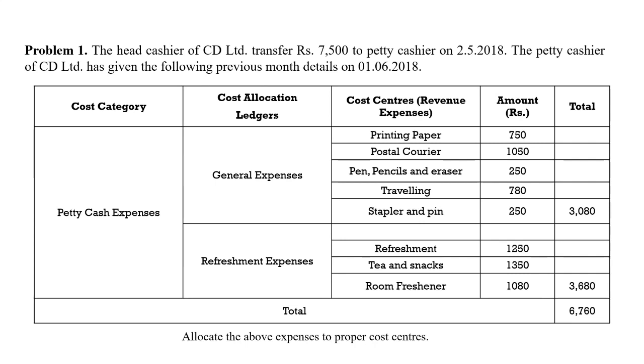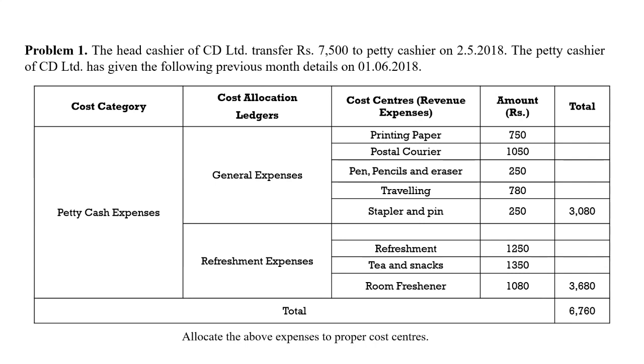The expenditure of these cost centers passes through the refreshment expenses ledger. So now at the bottom you can see, allocate the above expenses to proper cost centers.